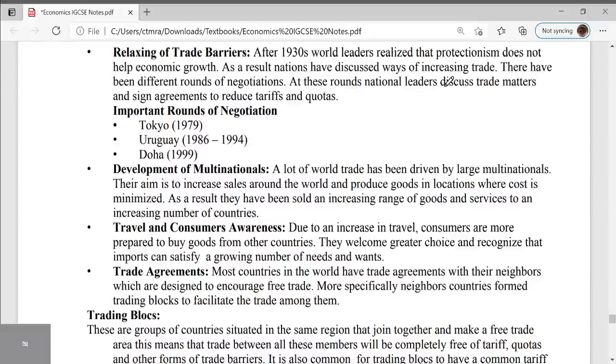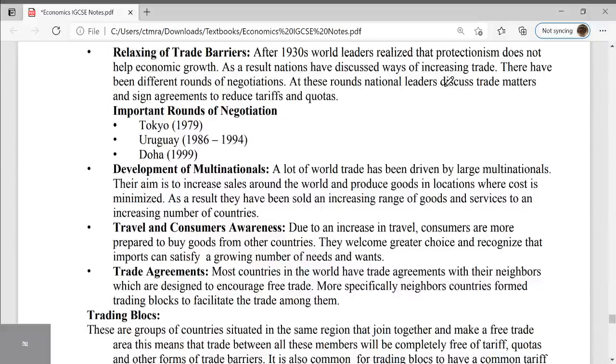Okay, so as people are traveling a lot, they're exposed to a large number of foreign goods and services. So now, when they return home, they're also demanding these goods and services. So that's why the demand for foreign goods is increasing, and world trade is taking place.